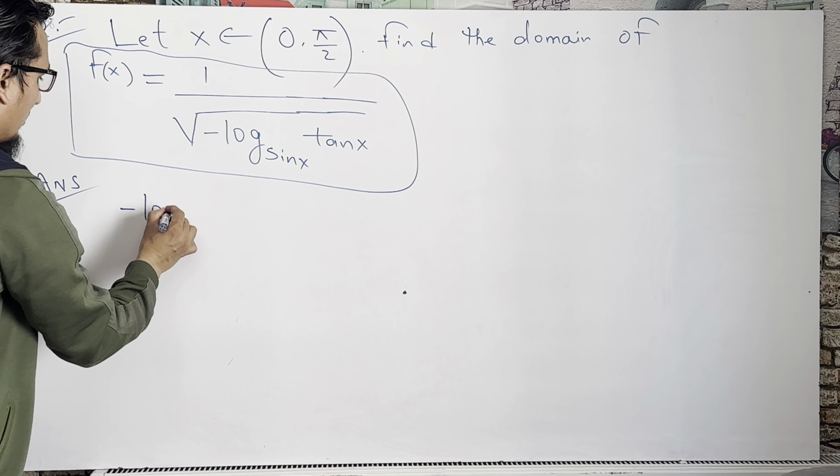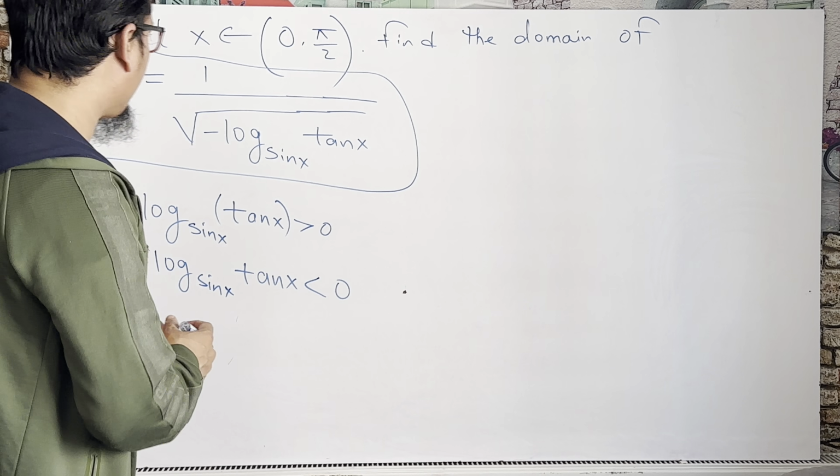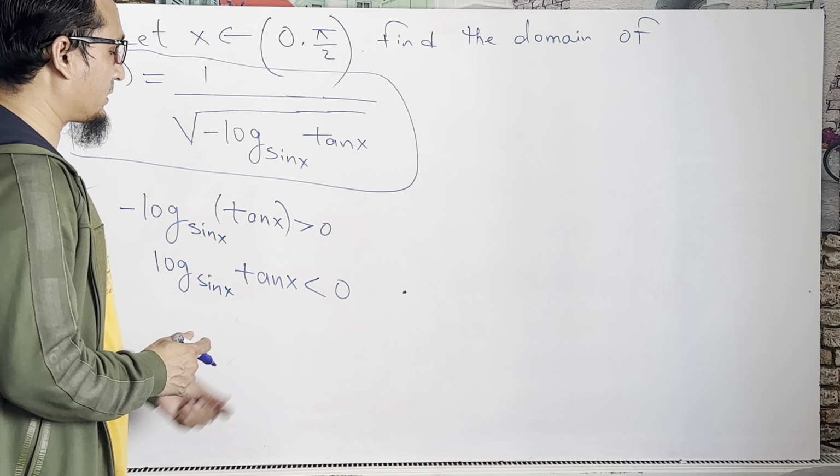Now if we divide by minus, it can be written as log base sin x tan x, and here it must be less than 0, because when I divide by minus, the sign of inequality always changes. So log base sin x tan x is less than 0.